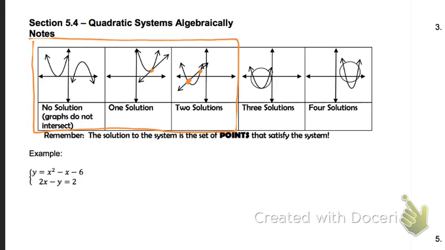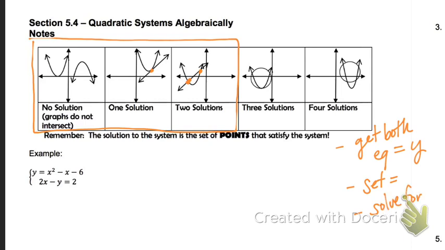So basically what we want to do is get both equations equal to y, and EQ is just equations. And then from there, we want to set them equal to each other, and then we want to solve. Then you want to solve for x.